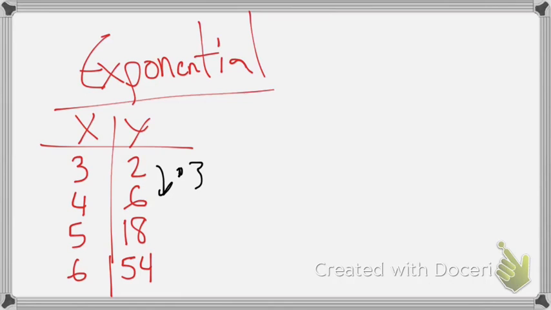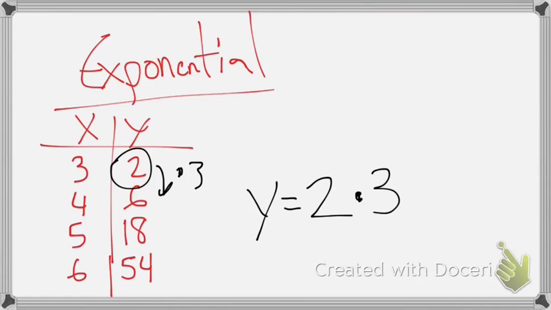This is how we make equations for exponentials, and there's only really one way we do it. First number goes first, and then we make the pattern next, and then the exponent is always x minus the first x in the table.